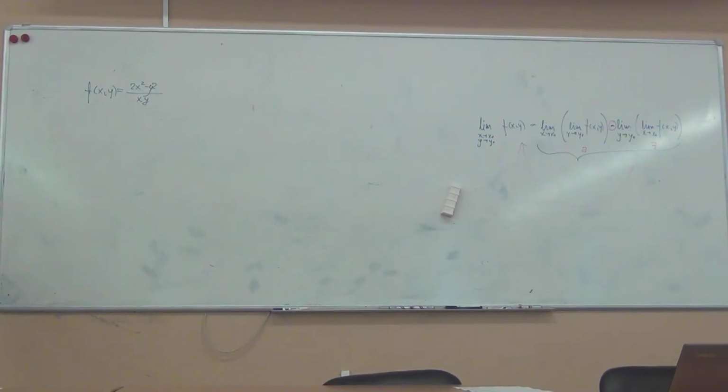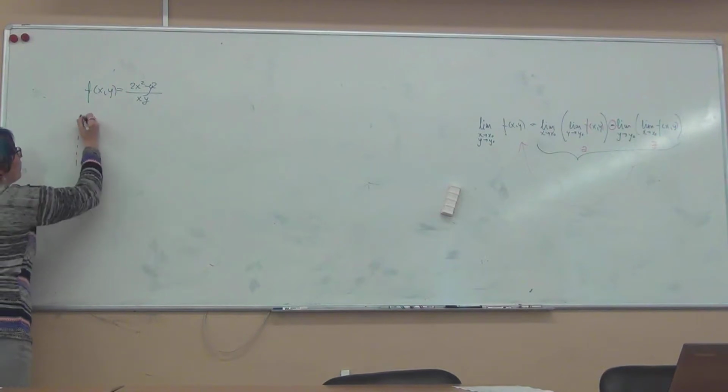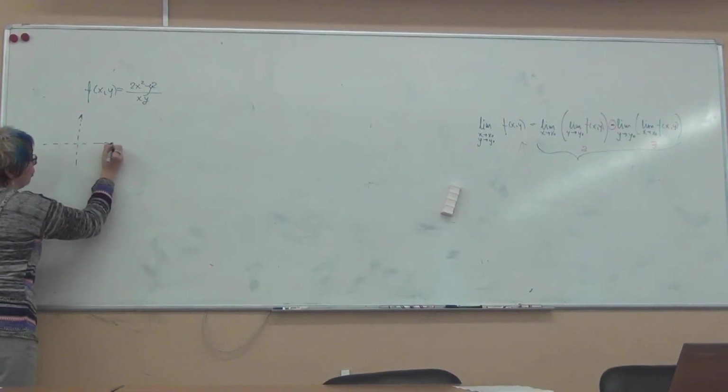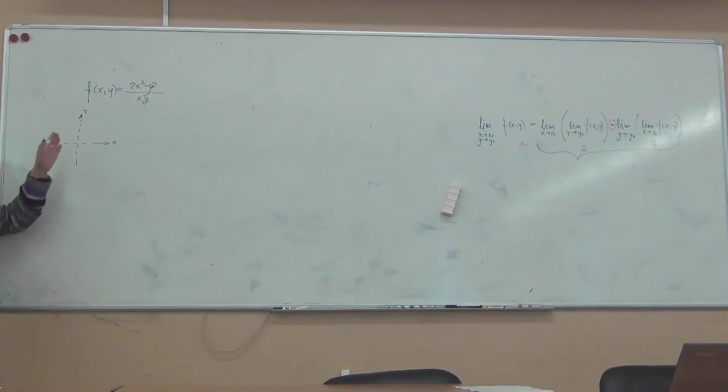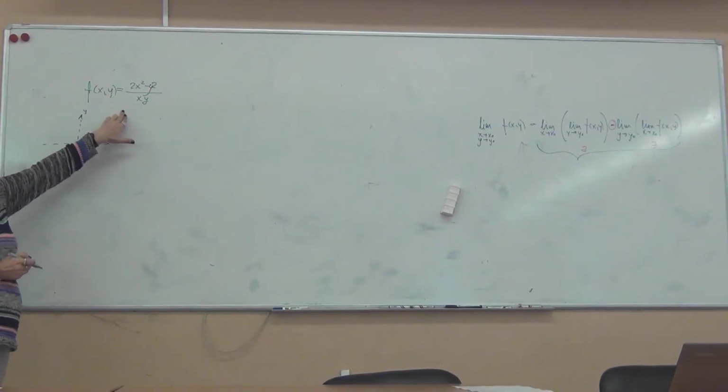Except the axes of coordinates. x cannot be 0, y cannot be 0. So we might even sketch the domain. The domain of this function is the whole coordinate plane except for the axes.